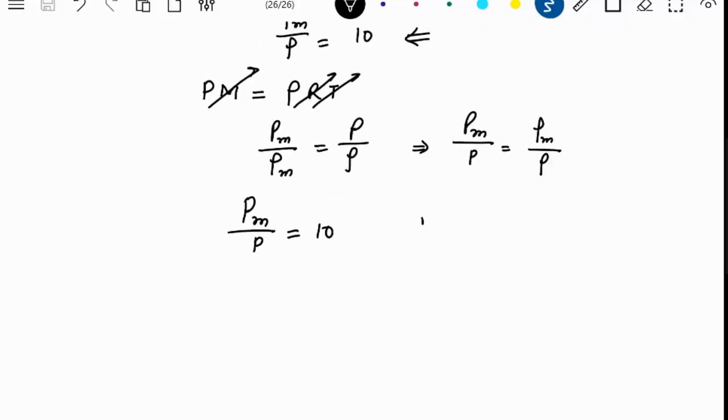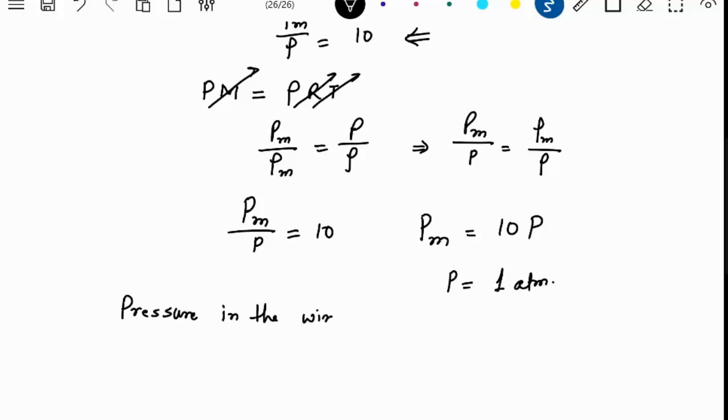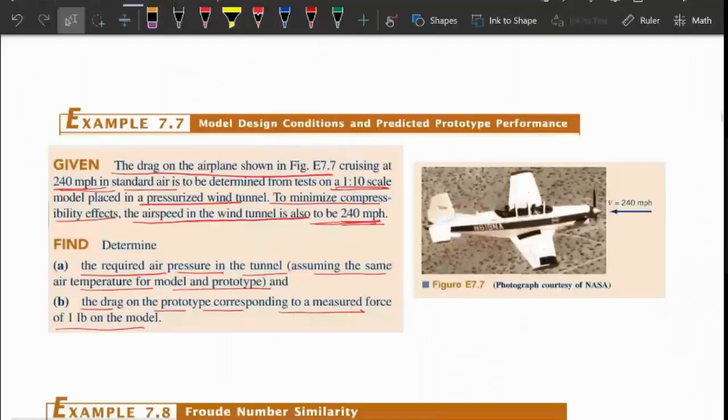So Pm is equals to 10 times P, and with P equal to 1 atmospheric pressure, the pressure in the wind tunnel is equal to 10 atmospheric pressure. So this was the first part.